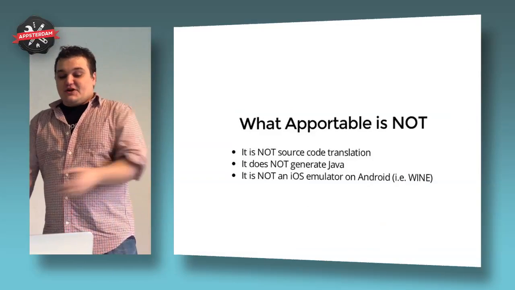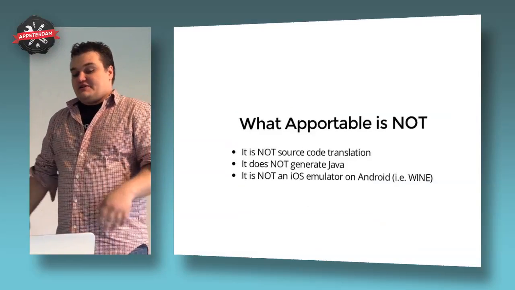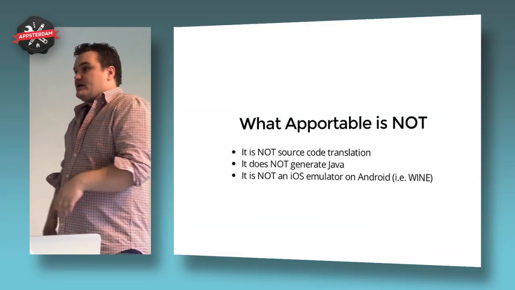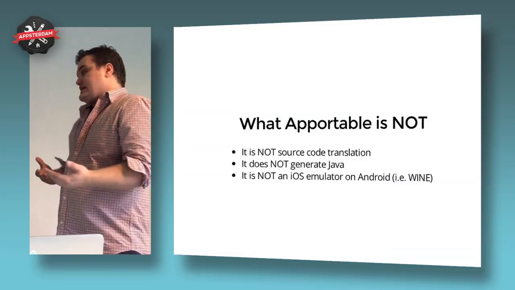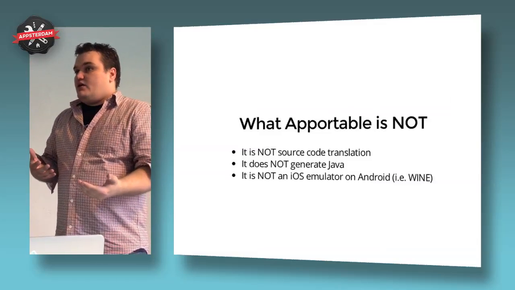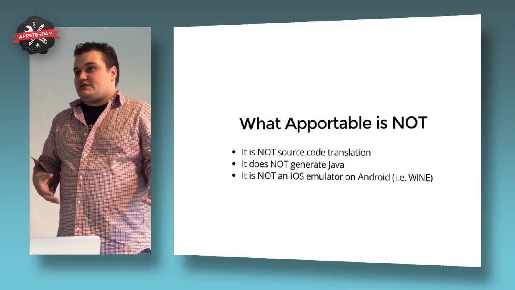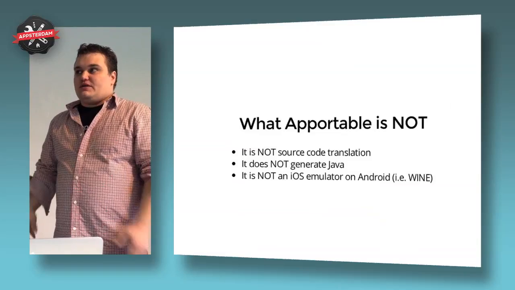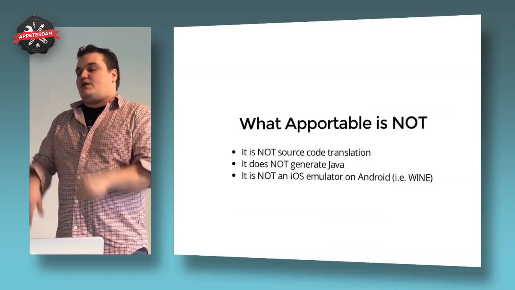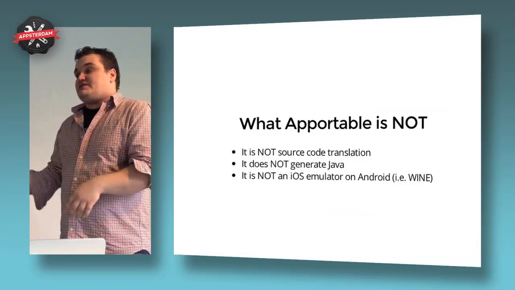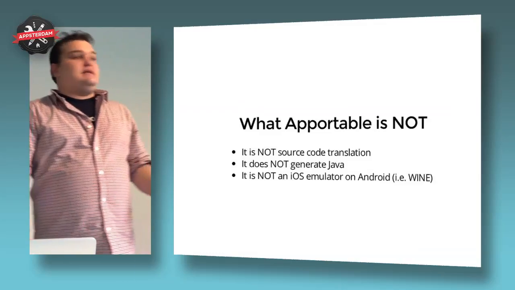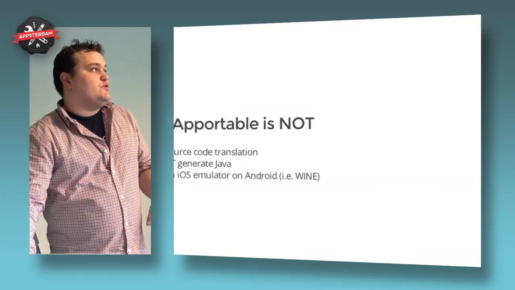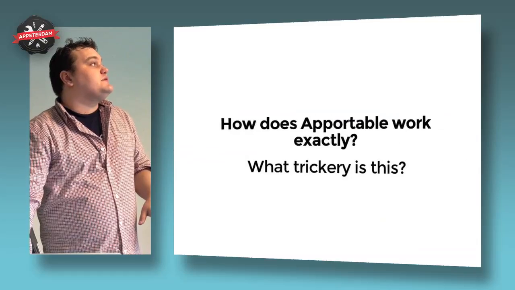It doesn't generate Java, and there's no iOS emulator running underneath. We don't try to lie to you and say that you're running on iOS anyway. We do emulate some of the APIs that exist on iOS, and only the more esoteric ones that are not used commonly will play like we're on iOS. But for the most part, it's actually native to you in every single way that you could think of.